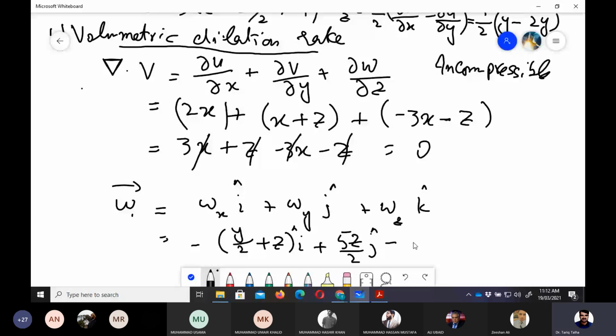So this is the rotation vector. It means that the flow field is incompressible, but it is not irrotational, because the rotation vector is not equal to 0. It is rotational, basically. We can write that it is a rotational flow field.